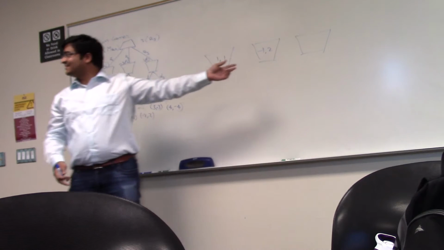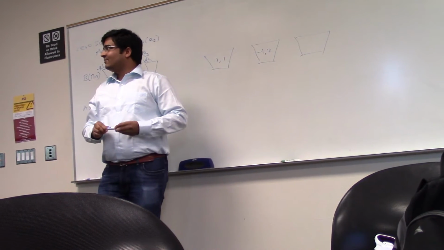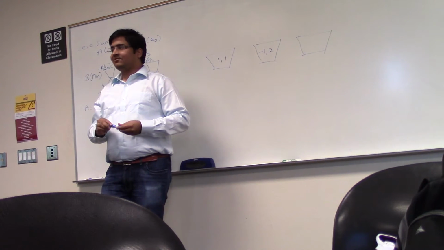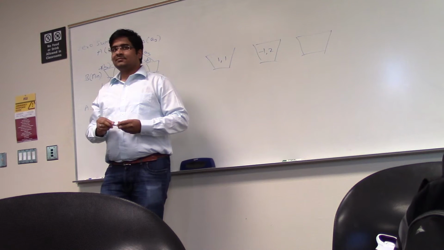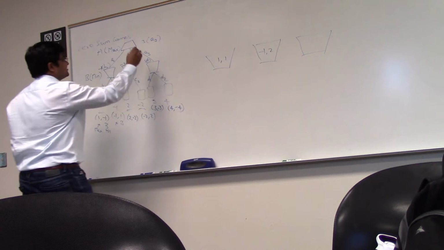So for the third state, what will be the reward values? So these are basically called minimax values.